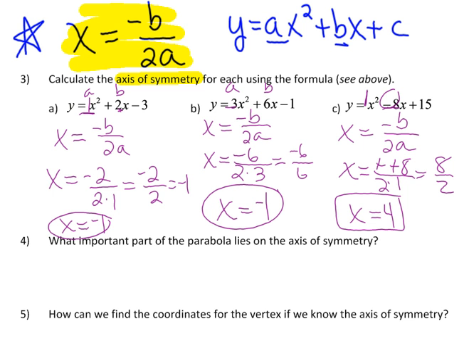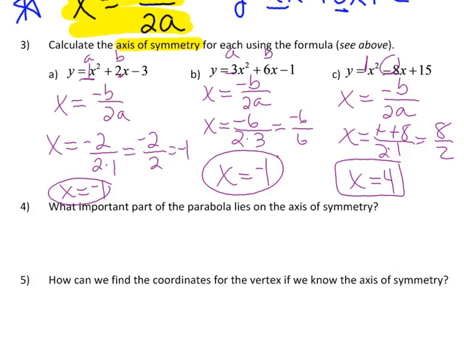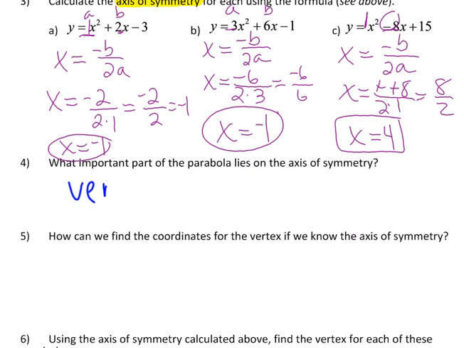Well, when we look back, here was our axis of symmetry, and the important part that was on it was the vertex. So the vertex lies on the axis of symmetry. How can we find the coordinates of the vertex if we know the axis of symmetry?